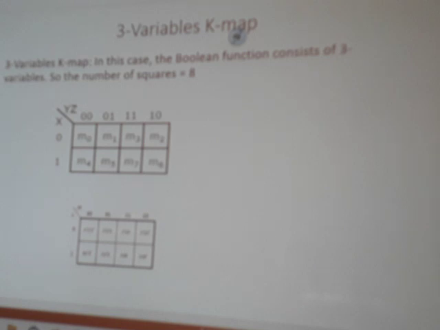So m0 represents the term x'y'z', corresponding to the binary code 000. Similarly, m1 is the minterm corresponding to the binary code 001, which represents the decimal number 1. Similarly, m3 is the minterm corresponding to the binary code 011, which represents 3 in decimal. So we have m3 and so on.